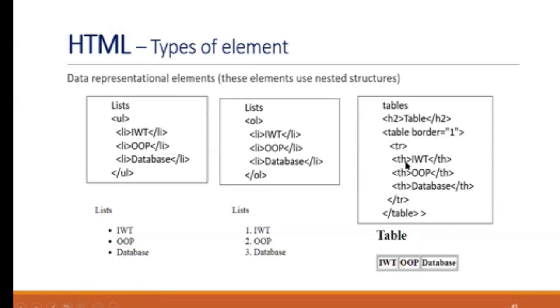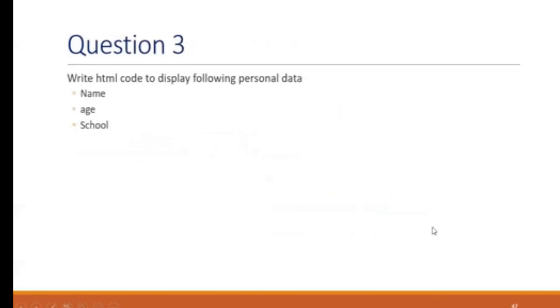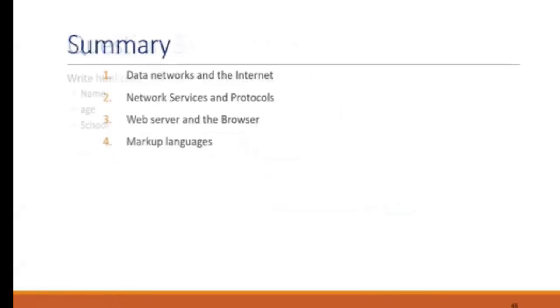TH stands for heading. So 3 headings. Then you close the row. Then you can have a second row, that is open TR and then TD. TH means the heading of the table. TD means the columns. Each column you can write one by one after another.